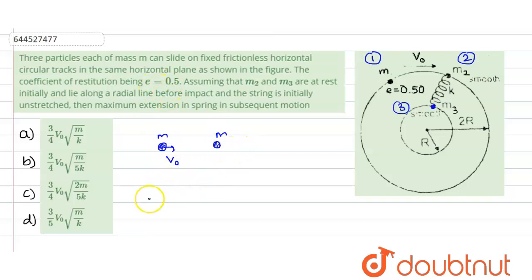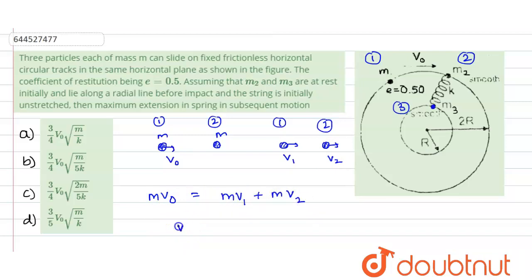So the initial momentum is m v0. This would be equal to, after the collision, the first mass moving with a velocity v1, and let's assume the second mass moves with a velocity v2. So the final momentum would be m v1 plus m v2. So v1 plus v2 equals v0. Let's say this is our equation 1.